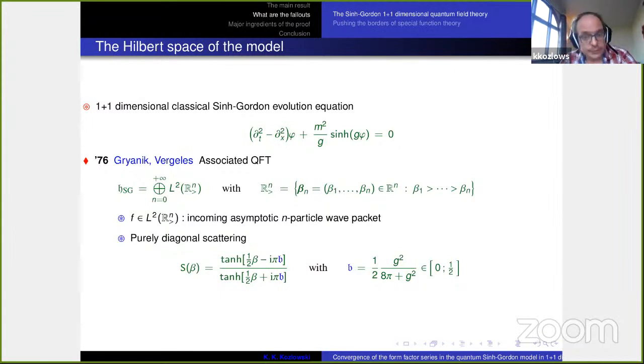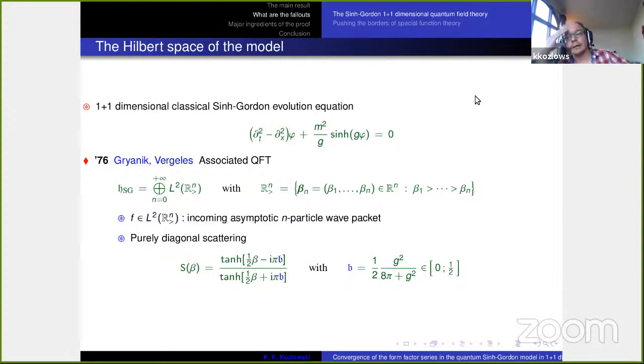So the Sinh-Gordon model corresponds to this 1+1 dimensional classical evolution equation. You have a D'Alembert operator acting on the field phi, and then a non-linearity given by a hyperbolic sinh. There is a coupling constant g and a mass m in the equation.